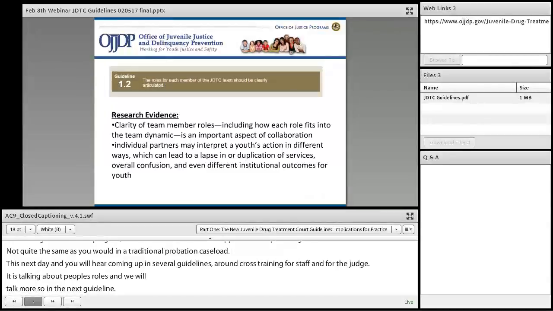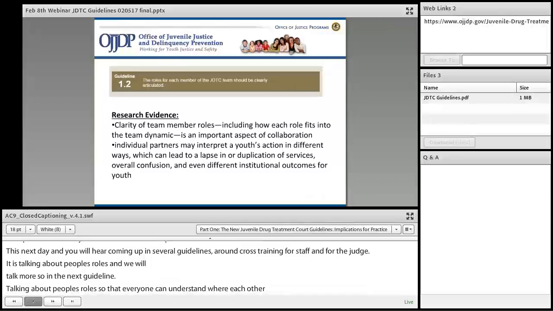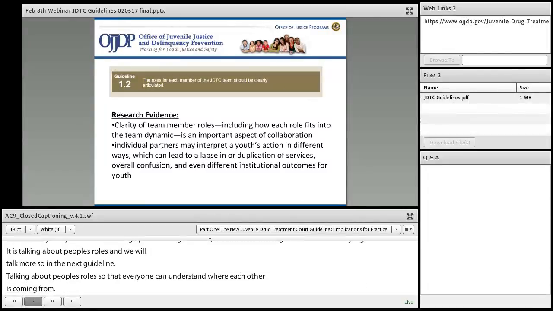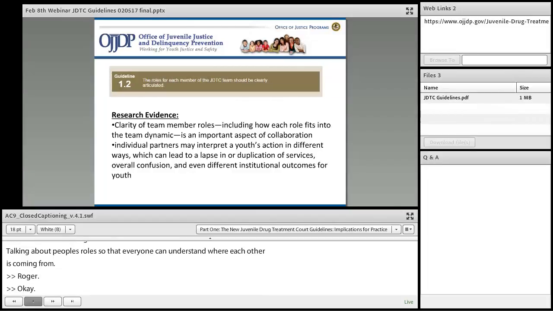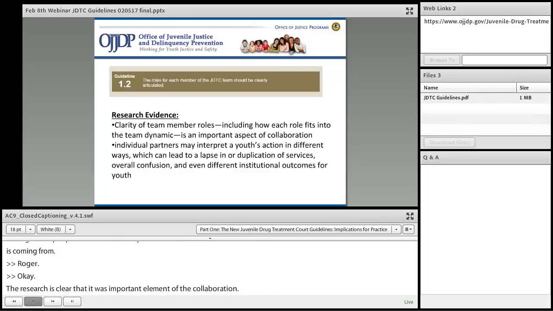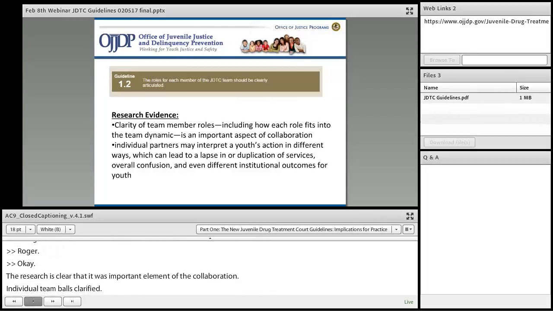Roger. Okay. So as Nancy gave in terms of the preview, the research was also clear that it was an important element of the collaboration that the individual team roles were clarified, but also that there was clarity around how each role fit within the entire team and the dynamic of that team. So that's going to be important to provide.